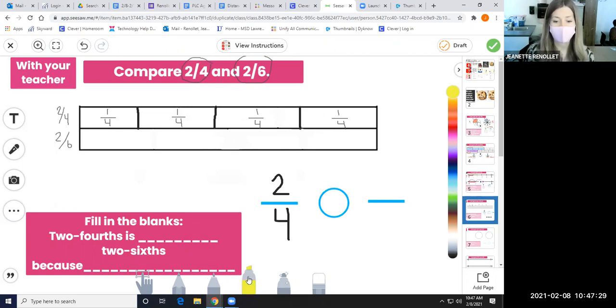And now I can shade in my parts to add up to 2/4. 1/4 plus another 4th, 2/4. We have now represented 2/4 on our model. Check that you have shaded correctly and recorded 2/4 to be ready for our comparison symbol.